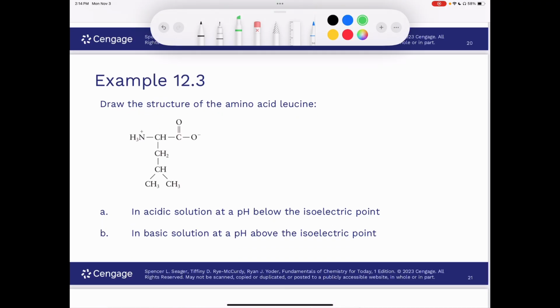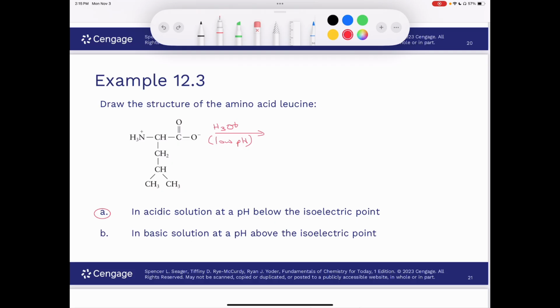All right, so it says here, draw the structure of the amino acid leucine A in acidic solution with a pH below the isoelectric point. So for A, if we put this in H3O plus, I'll put here low pH, a pH that's below the isoelectric point.